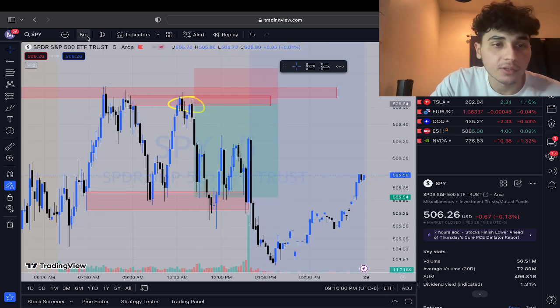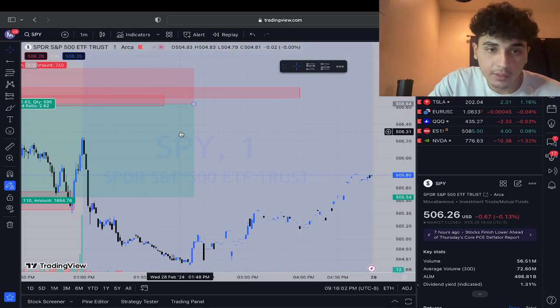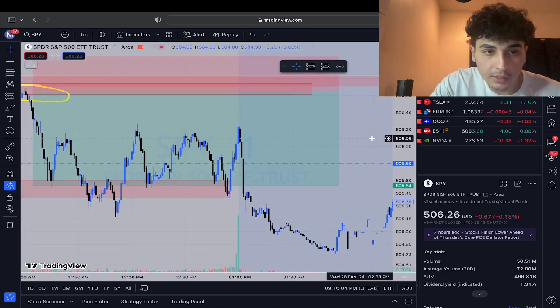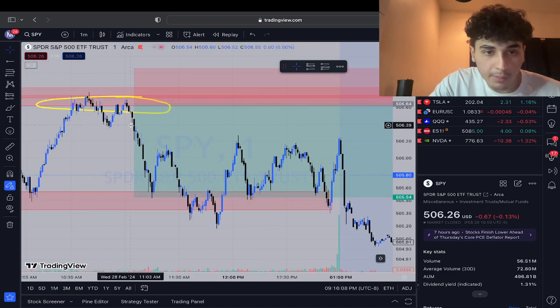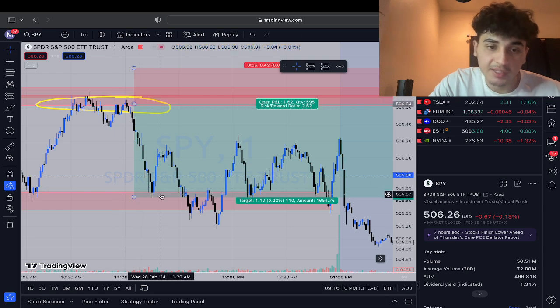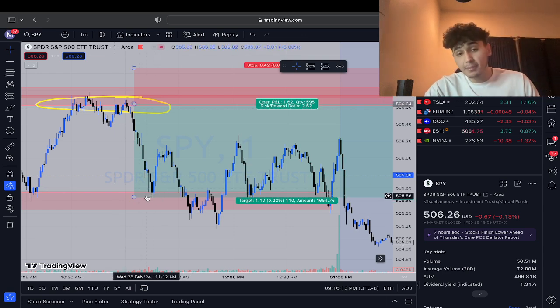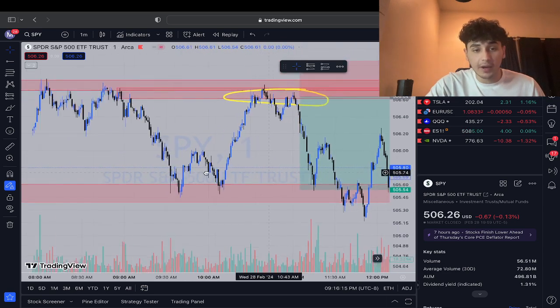So, okay, cool. I'm going to switch to the 1 minute now. Now you can see if I were to enter right here, that trade beautifully flushed to the downside and tapped the demand zone which we had drawn out.